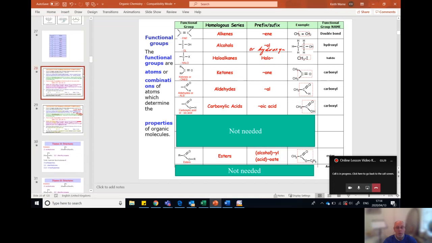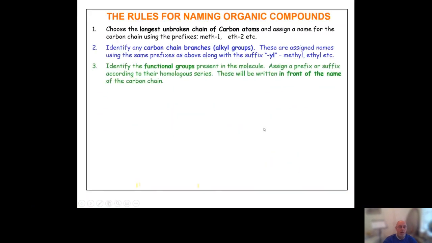Now, if we go back to where we were, here we are. So we're busy working through these. You identify any functional groups, and you find their prefix or suffix. In that table, there's a prefix or a suffix that goes with each homologous series, and you write them in front of or behind the carbon chain, depending on what they are.